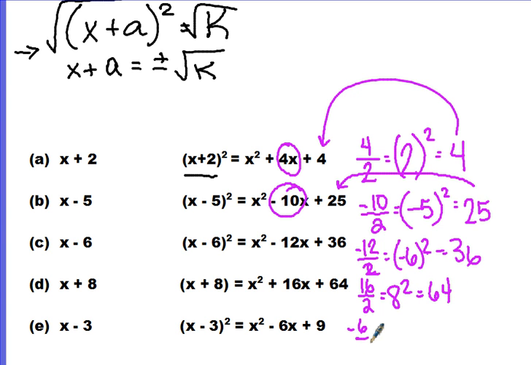Negative 6 divided by 2 is negative 3. Negative 3 squared is 9. So this pattern follows all the way through for any time that we're squaring a term to get a trinomial. It just happens. There's no real explanation for it. We're just going to remember this pattern and we're going to use it in order to complete the square.